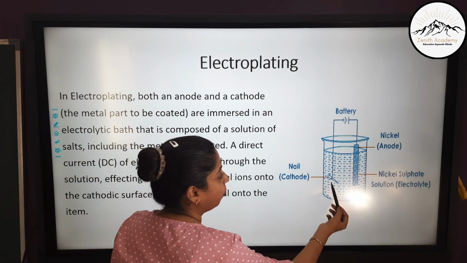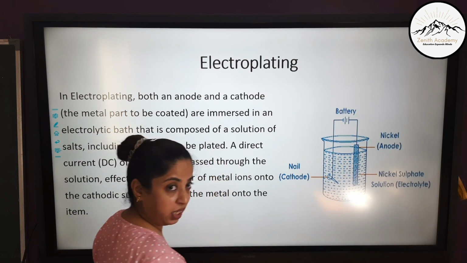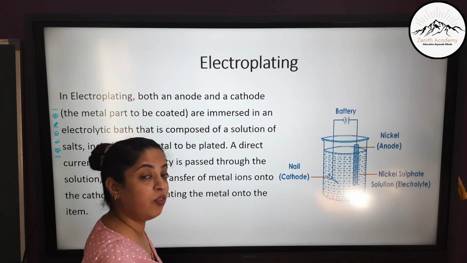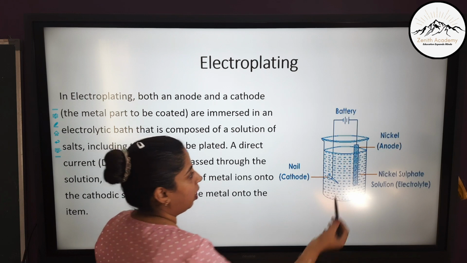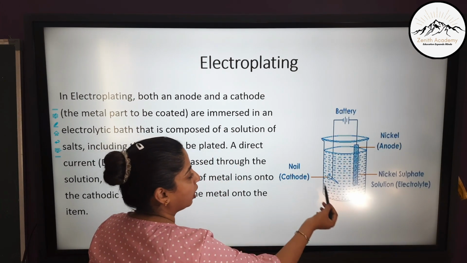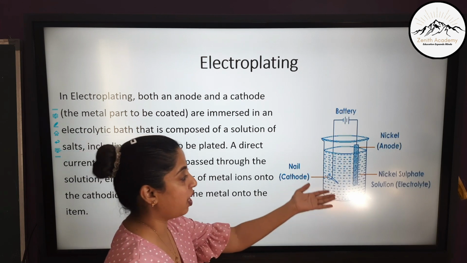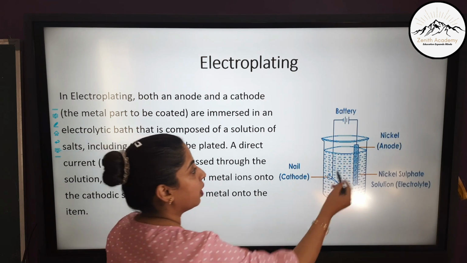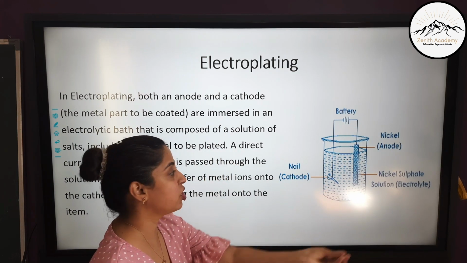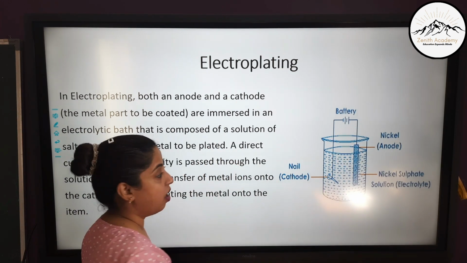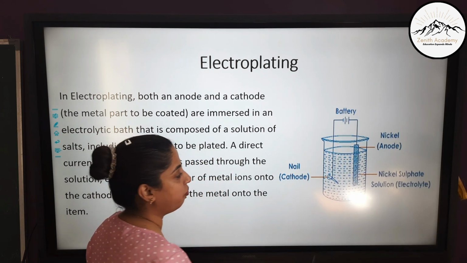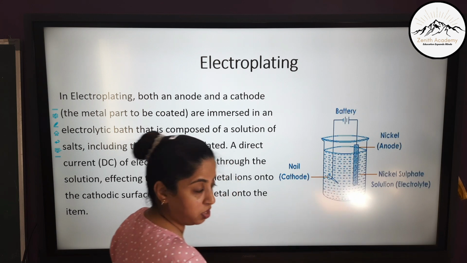Now suppose we want to plate this nail with nickel. So the solution has salt which should contain which metal? Nickel, and this anode should also be made up of nickel. So cathode is made up of the article which is to be electroplated, and anode is made up of that metal which has to be deposited here, and the electrolytic solution should have the ions of this metal which is to be deposited.